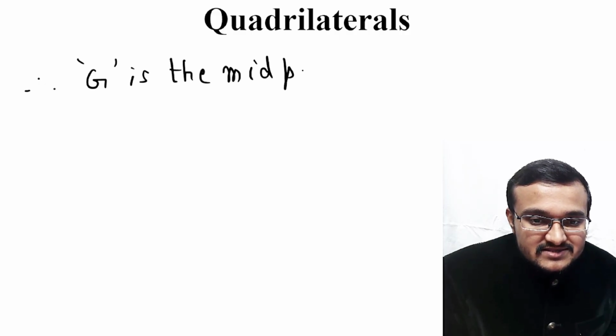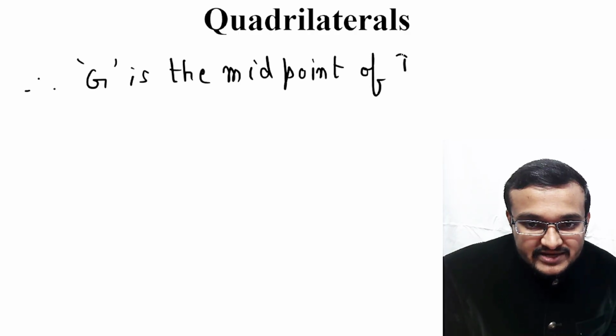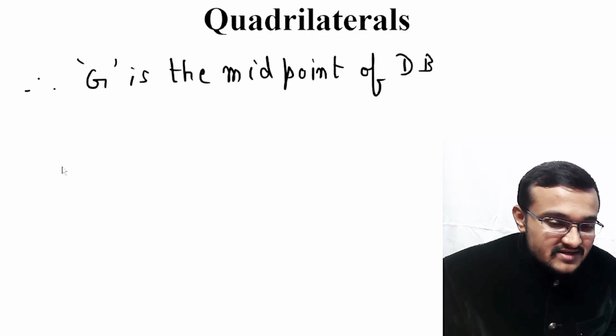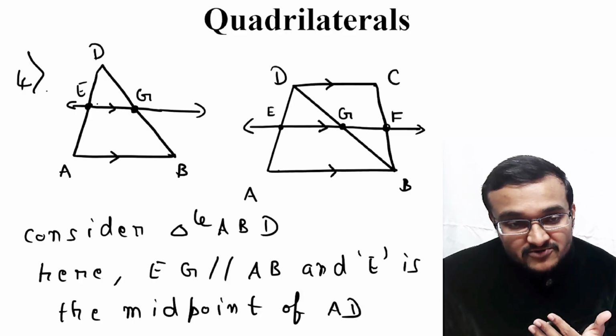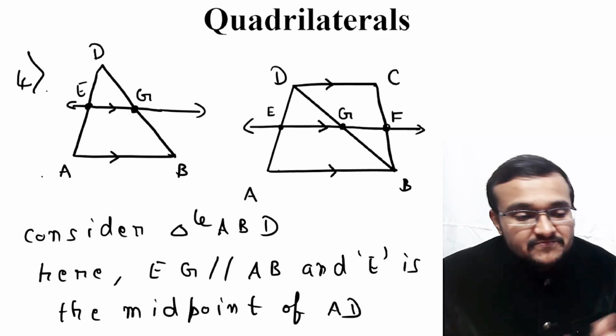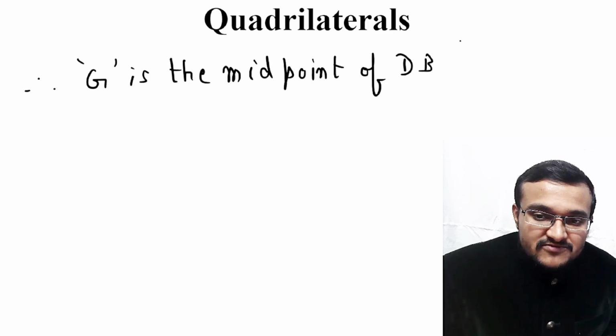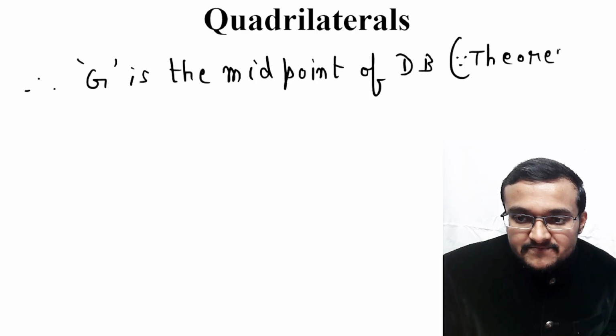So G is the midpoint of DB, because E is already the midpoint of AD and the EG line is parallel to AB. Straight away, using the converse of the midpoint theorem, or you can call this theorem 8.9.